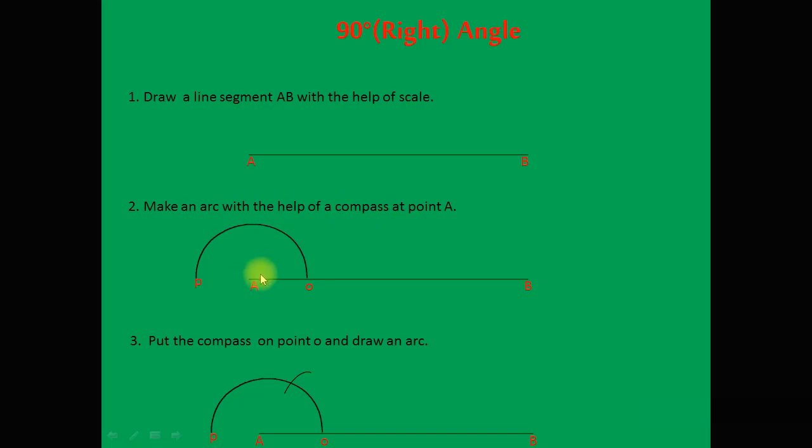Open your compass about 1 centimeter or 2 centimeter radius and put the compass at this point A and draw an arc.